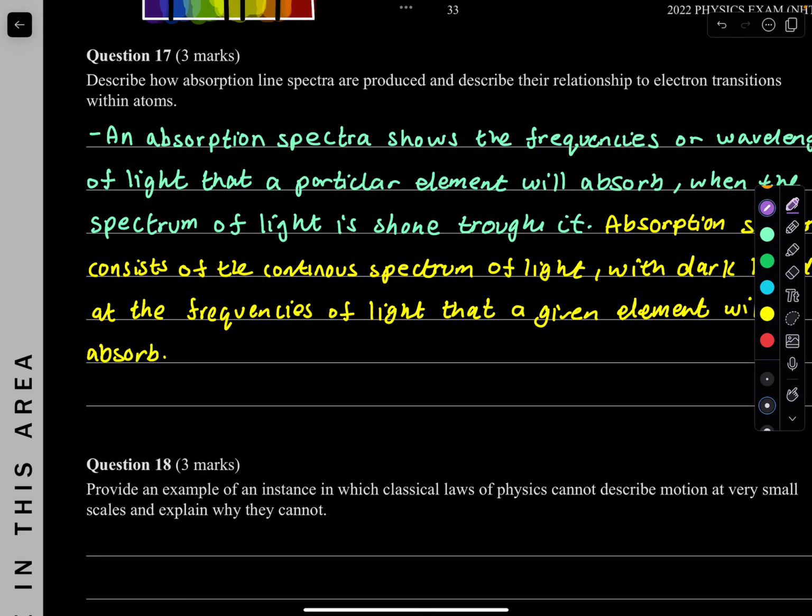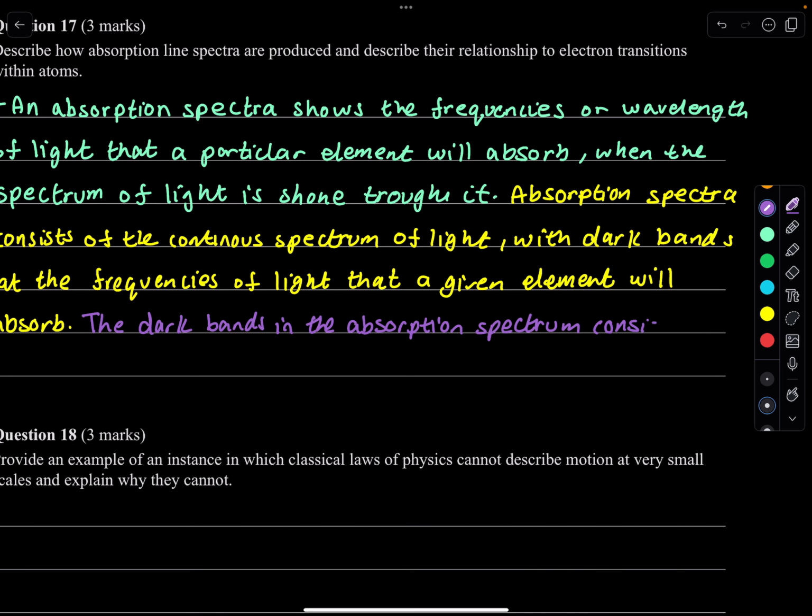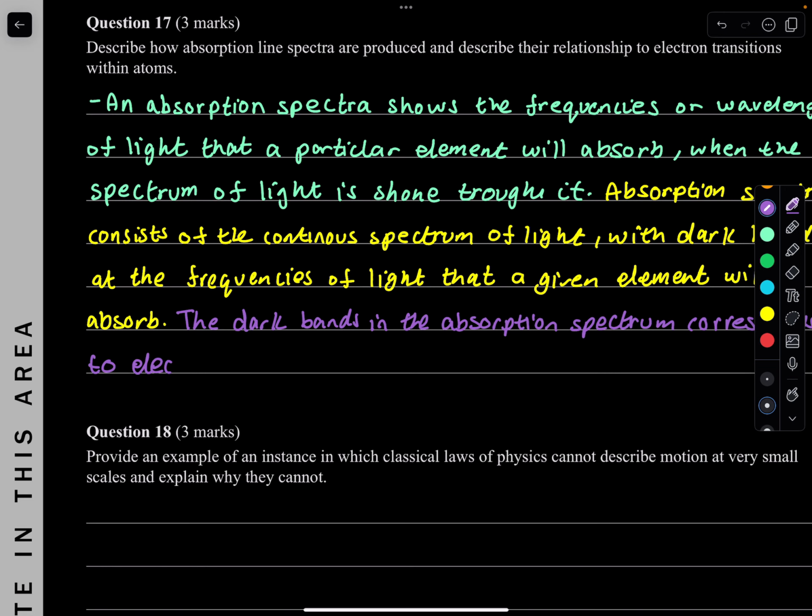And so basically, I'm kind of going into detail, but so the dark band in the absorption spectrum corresponds to electrons, so basically what it means is when it absorbs, they go to a high energy state.